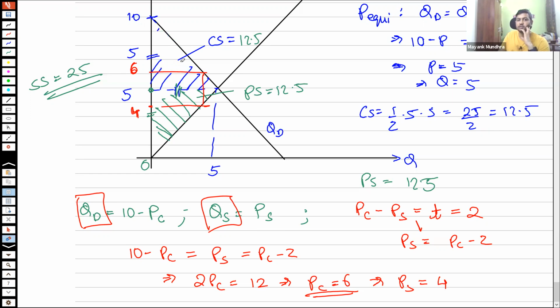So now the consumer surplus is the area above the price which consumers pay, which is this much. How much is this area?